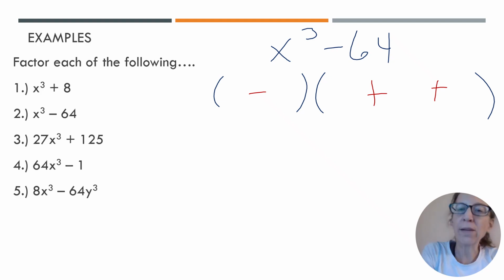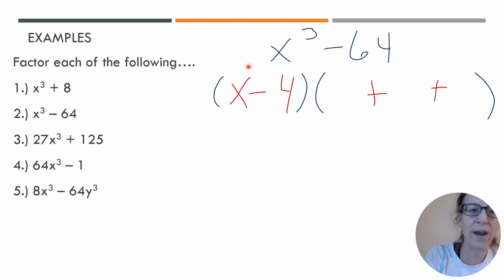And now for that first parenthesis, we ask ourselves, what to the third power gives me x cubed? Well, that would be x. And what to the third power gives me 64? That is 4. Again, only 5 numbers that you need to know there. And now for the other parenthesis, square it, smush it together.